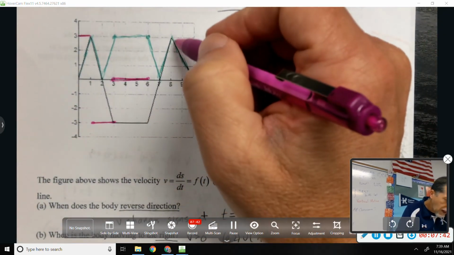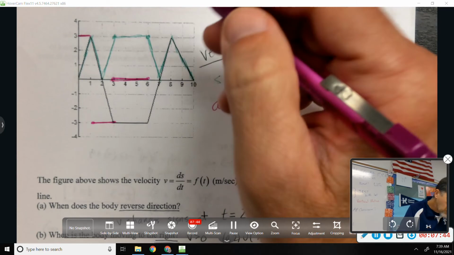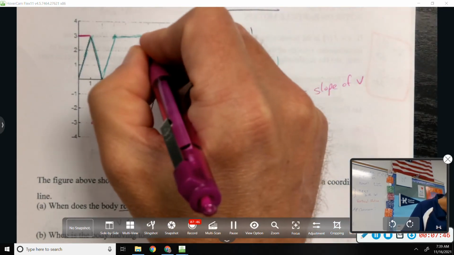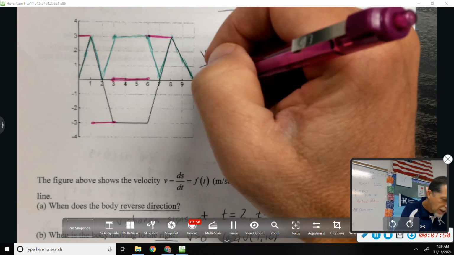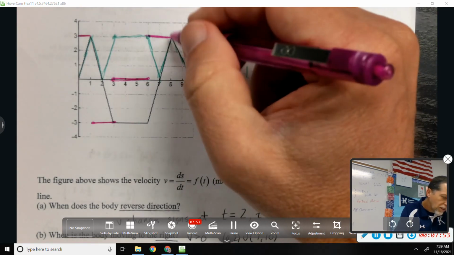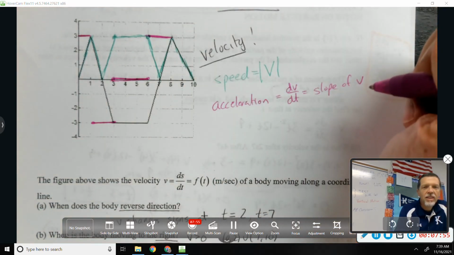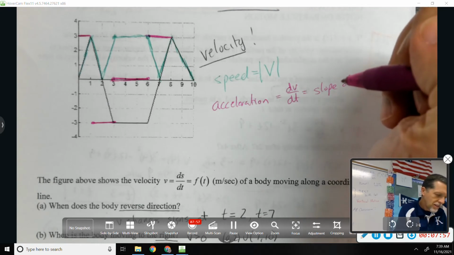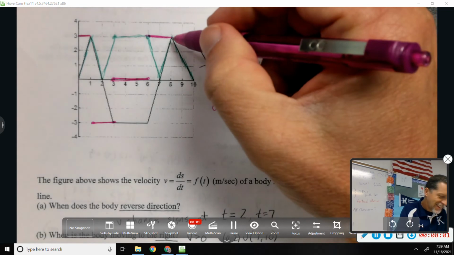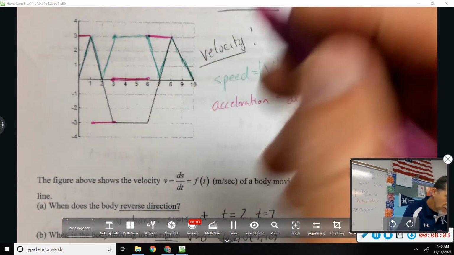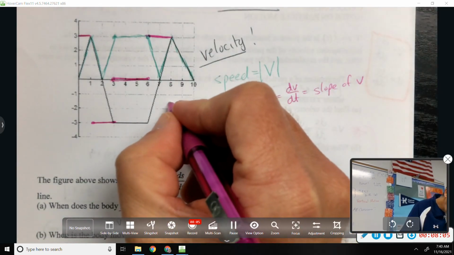From 6 to 8, acceleration is 3. And then from 8 to 10, not as easy on that one. Negative, yes. Negative rise over run, 3 over 2. So negative 1.5.